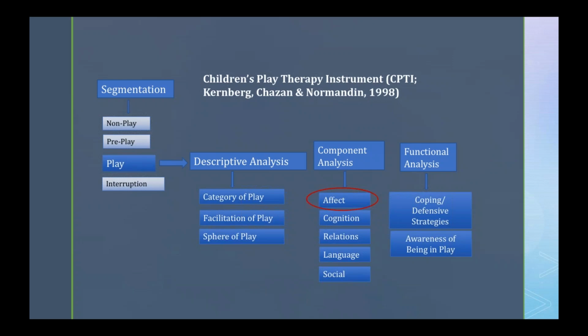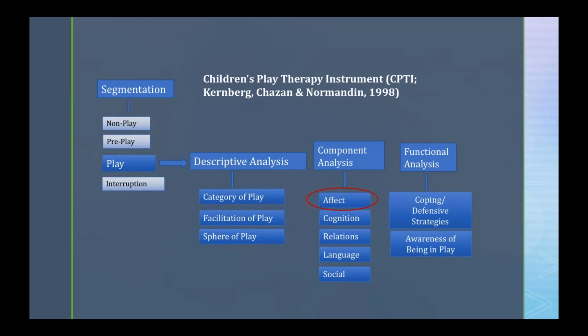To answer, is it possible to use these items out of play? Possibly. The items are very psychodynamically based, and it is possible to observe these also outside of play, but this coding is specifically generated for play behaviors.